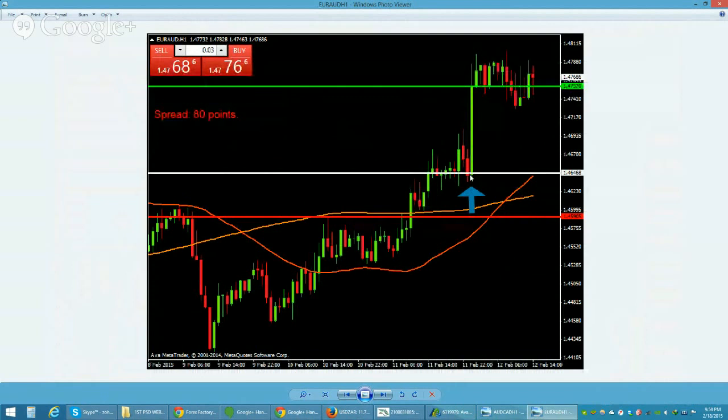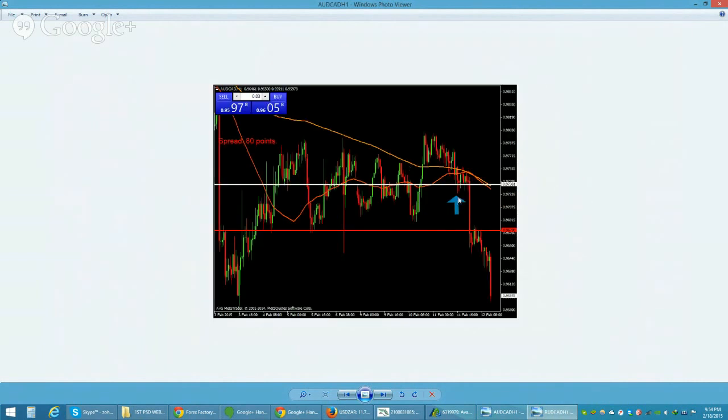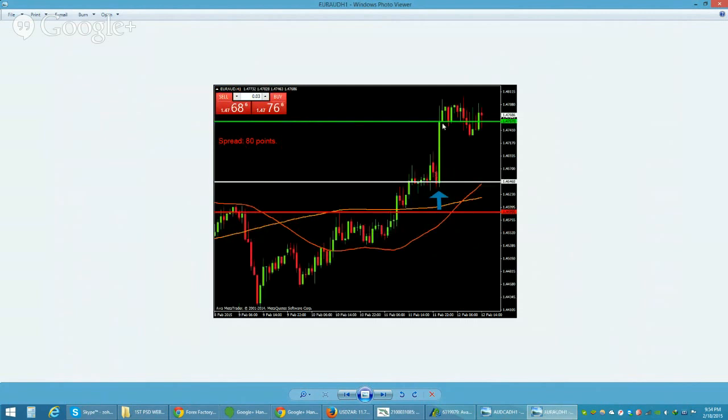So on this, I went long just before the news event, and I had a stop loss of about 30 pips and a take profit of over 100 pips. So as you can see, in the previous trade, I lost about 40 pips, and in this trade, I gained about 100 pips. So that's the same thing we're going to be doing right now.